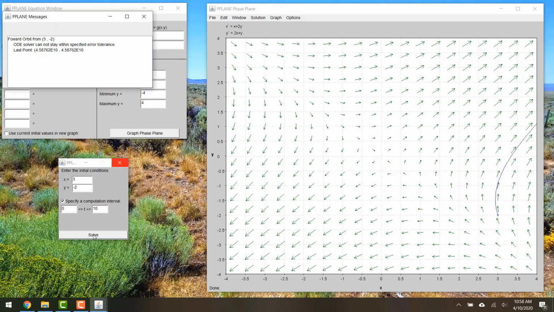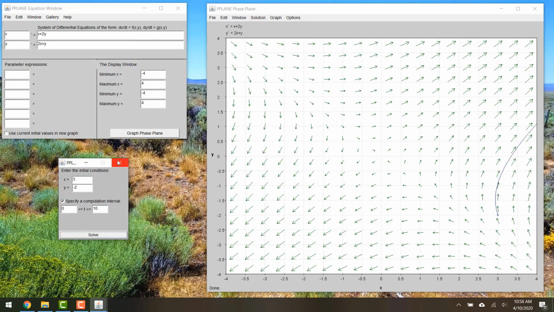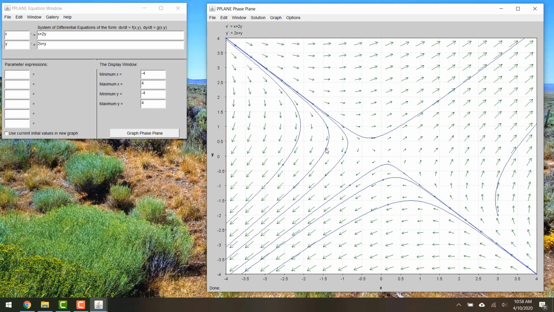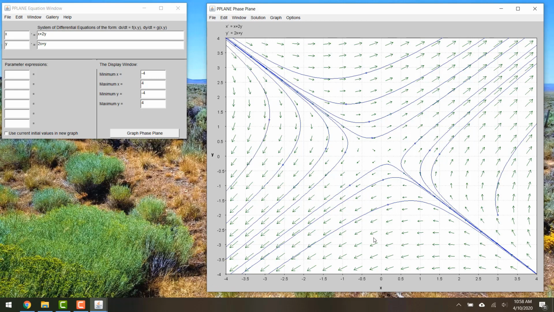There's that solution over there. Let's get rid of this and just click away again. So pretty much if you start anywhere that's not on the line y equals x or the line y equals -x, as time moves forward and backwards, you get a solution that follows diagonal asymptotes. Okay, and that's a saddle.